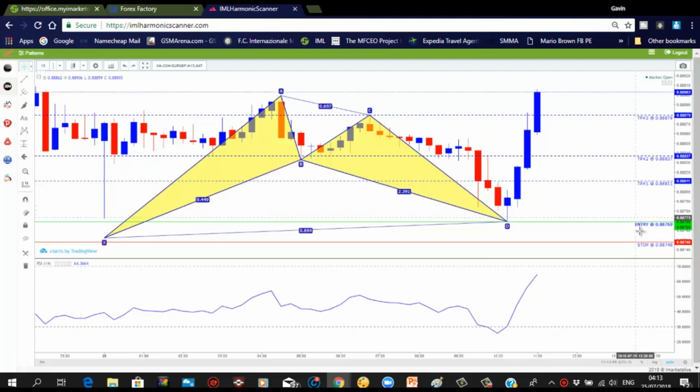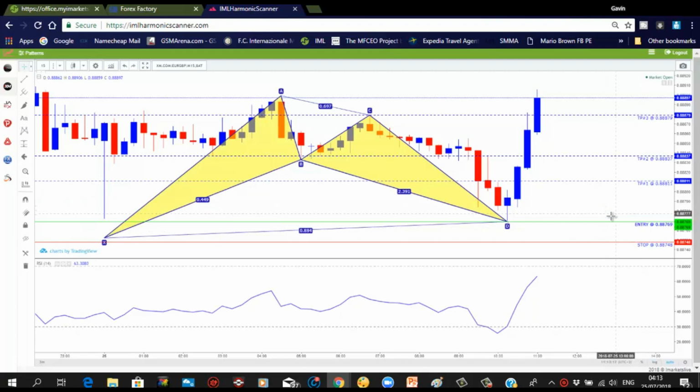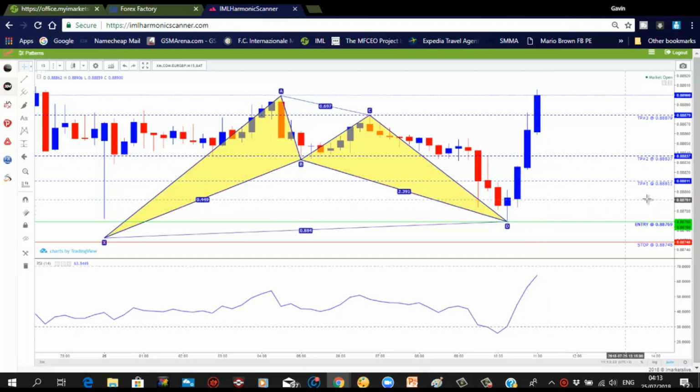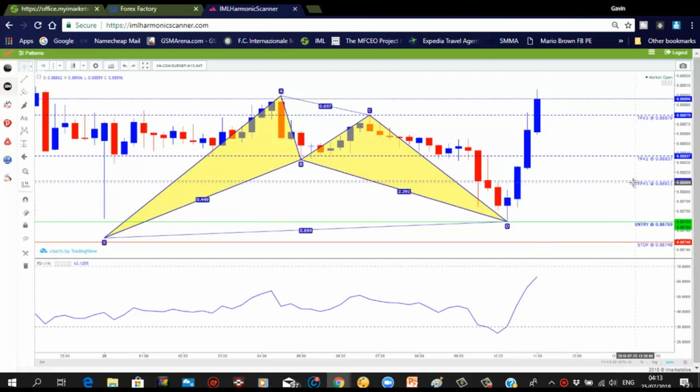And also, this is your stop loss, which will be your safety net if for some reason the trade goes in the opposite direction. It prevents you from losing all your money. So as you can see, like I said before, the harmonic scanner is very accurate. So TP1, if you had entered down here and had take profit 1 set, you made money. Personally, I like to take 1 or 2, usually a lot of 1.